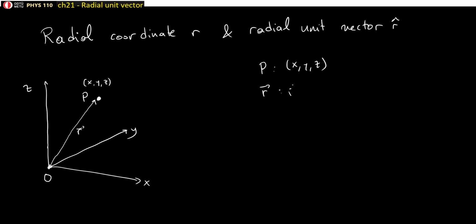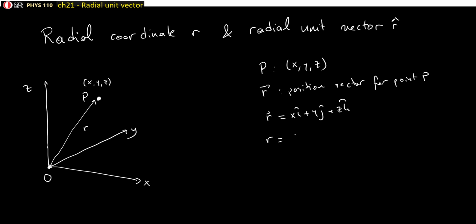That's the position vector for point P, let's say. So we know that in terms of the Cartesian coordinates, the position vector is given like that. In any case, forget about the vector, and let's talk about its magnitude this time.